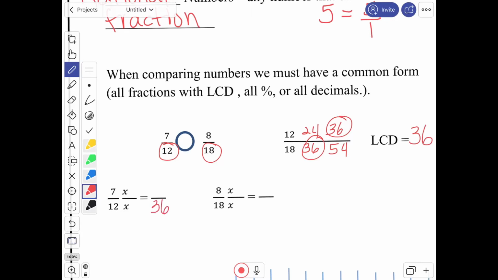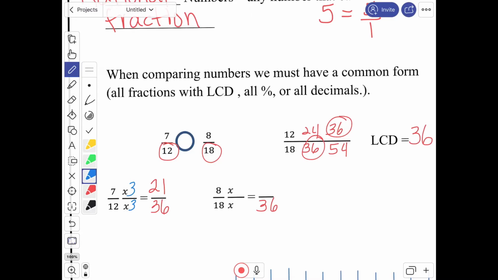So I'm going to change them both to have a denominator of 36. So for 7/12, I would need to multiply the numerator and the denominator by 3. So that would make my new numerator 21.